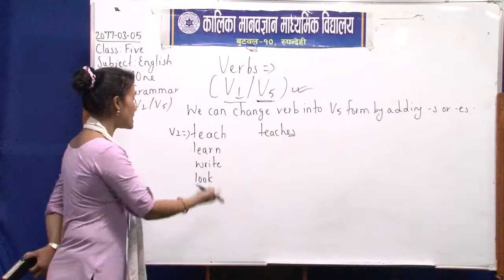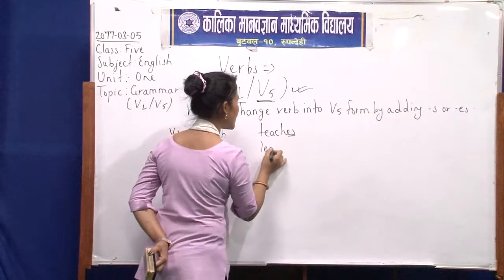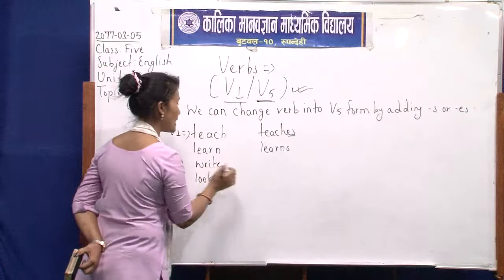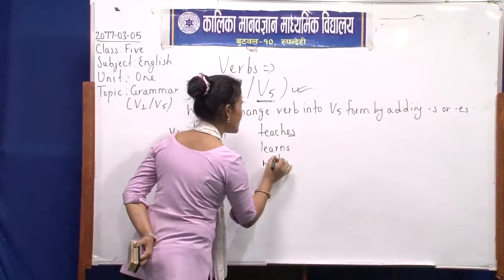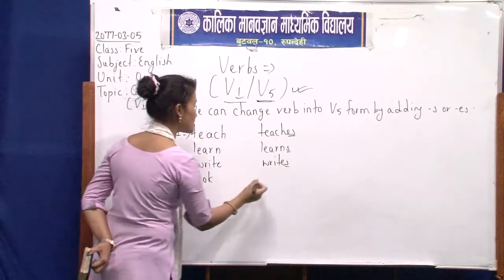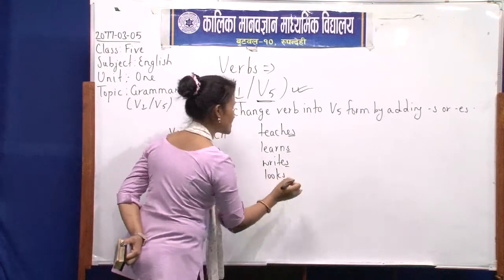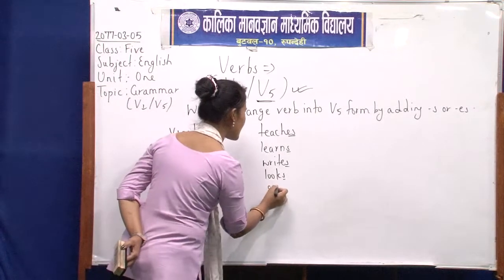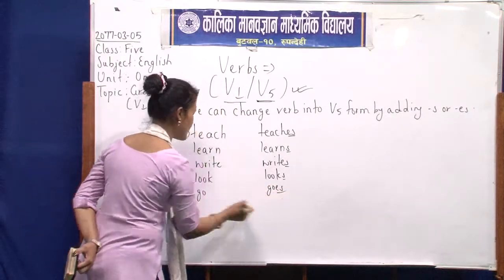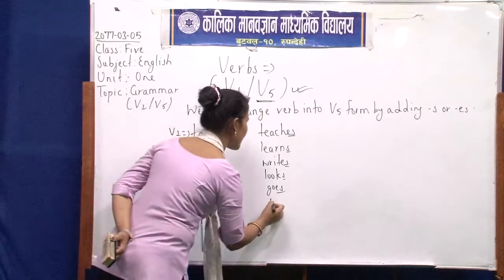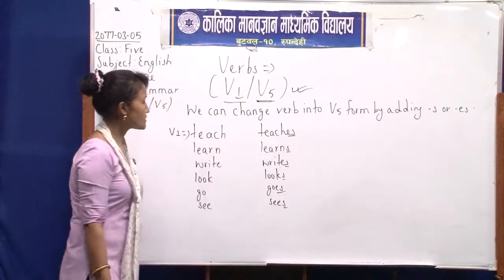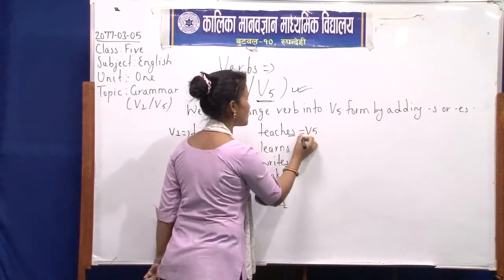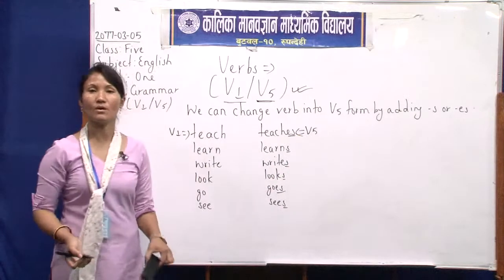Es, right? Next, learn. Now we will be adding s here. Write, writes. Look, looks. Likewise, let's write more examples. Go, goes. Es. See, sees. In this way we can change any verb 1 into verb 5 form, either by adding s or es.